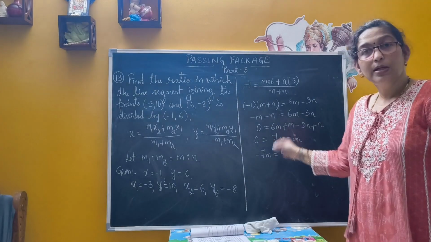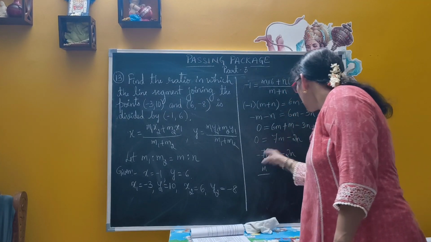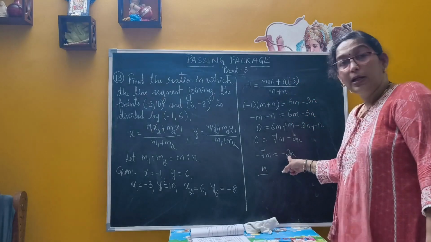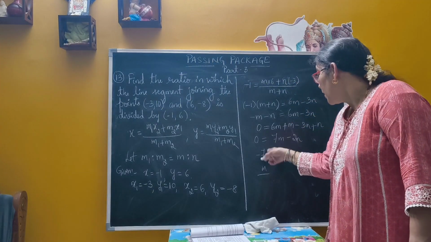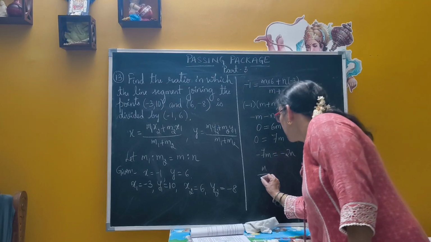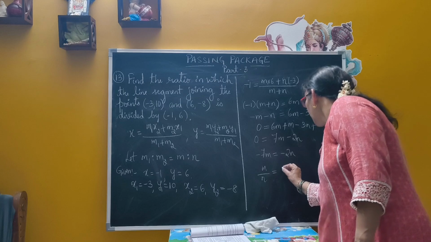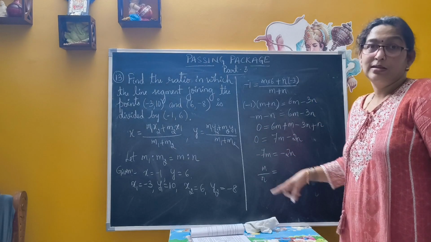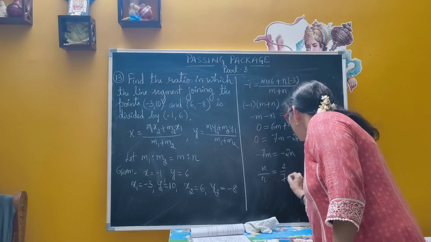So minus gets cancelled, and I transpose n here. It is multiplied, so when it comes to the other side, we divide m by n. So m by n is equal to 2 by 7, or minus 2 by minus 7; minus 7 gets cancelled, so it is 2 by 7.